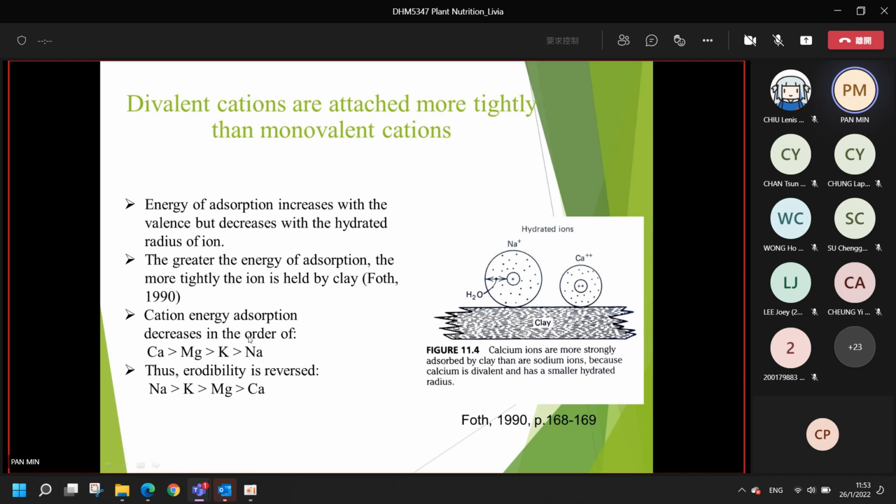Potassium and sodium, both of them are monovalent, so they don't need that high energy like calcium and magnesium. So the erodibilities, you can see that it shows a different trend from the adsorption energy trend.